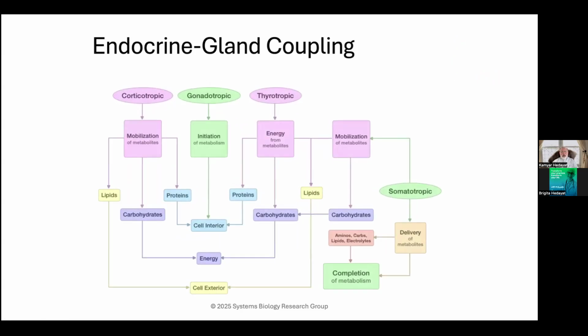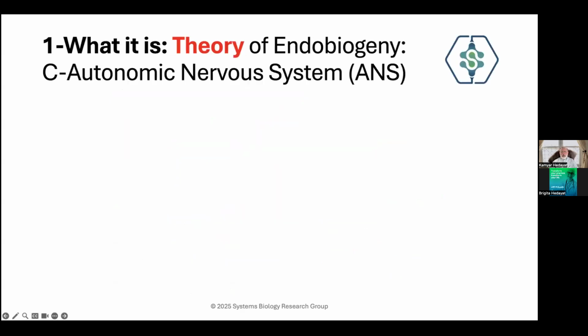Now, these various lines of hormonal activity can be understood at one level simply by how they manage different metabolites: lipids, proteins, and carbohydrates. And where they're working, is it in the interior of the cell, in the exterior of the cell, and where they play a role in terms of liberating energy, concretizing energy and structure, etc. Well, we've established that life is metabolism, which is the ceaseless interplay of catabolism and anabolism.